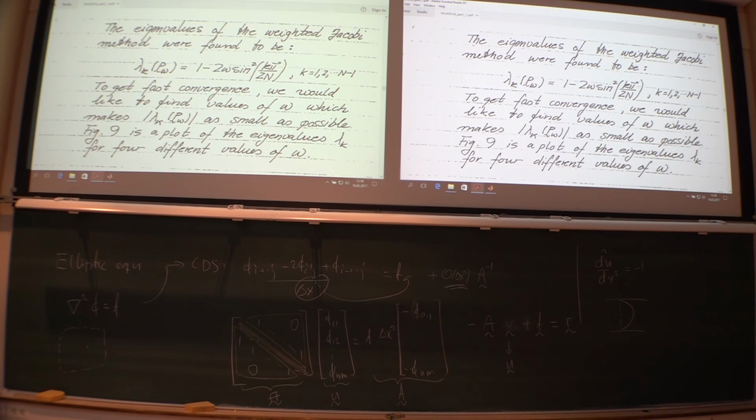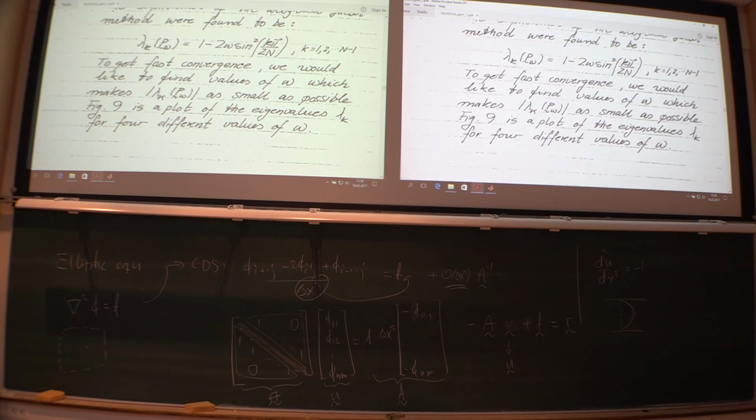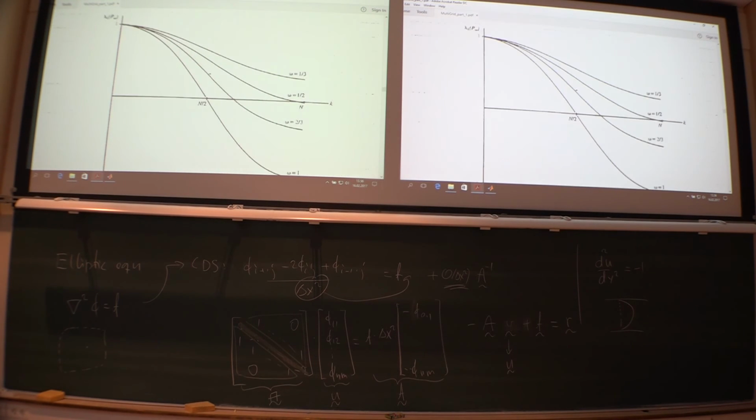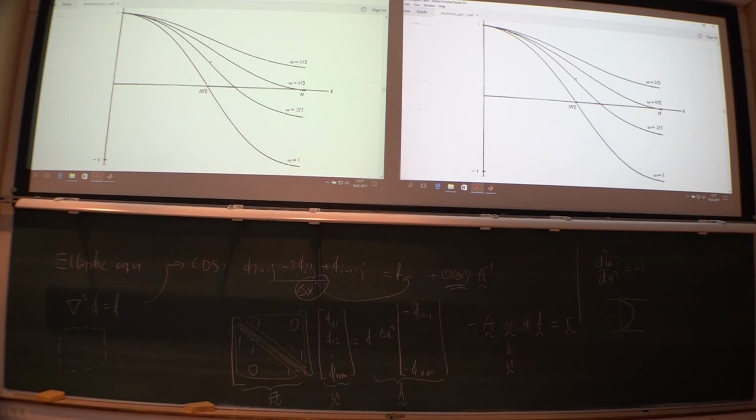It's not an over-relaxation anymore, it's actually an under-relaxation. So you can plot the different eigenvalues as a function of different omegas, and here as a function of the wavelength, actually the number of points that you have.